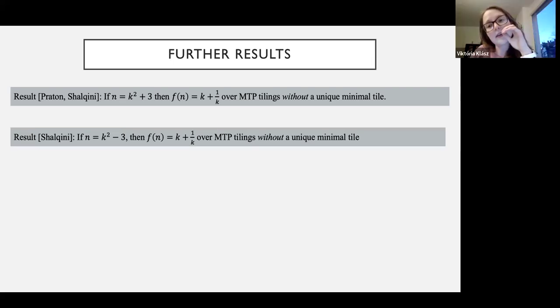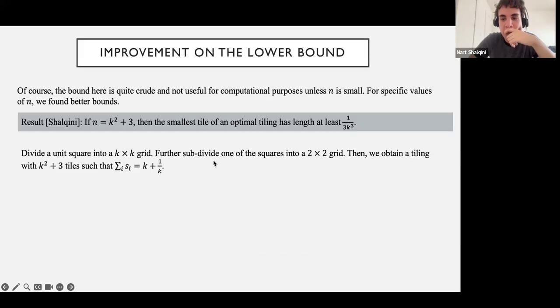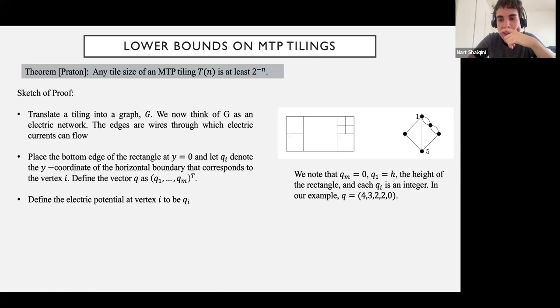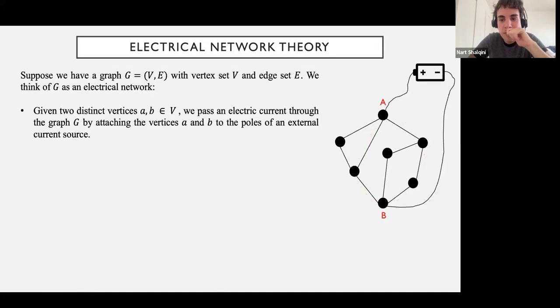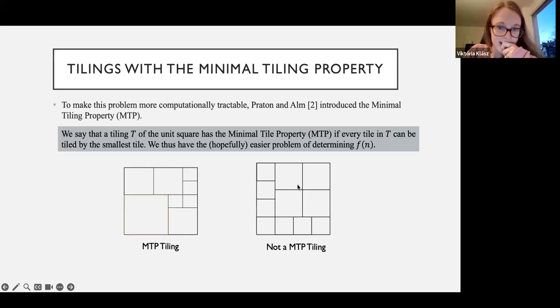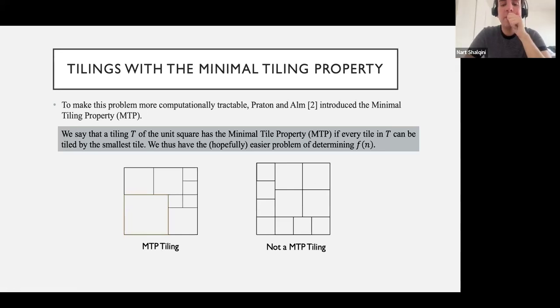Okay. You might allow them to be rational, so then you would have a more general case of MTP. That's a good question. If you look at this example back here, this might have rational length, I think. Okay, thank you.